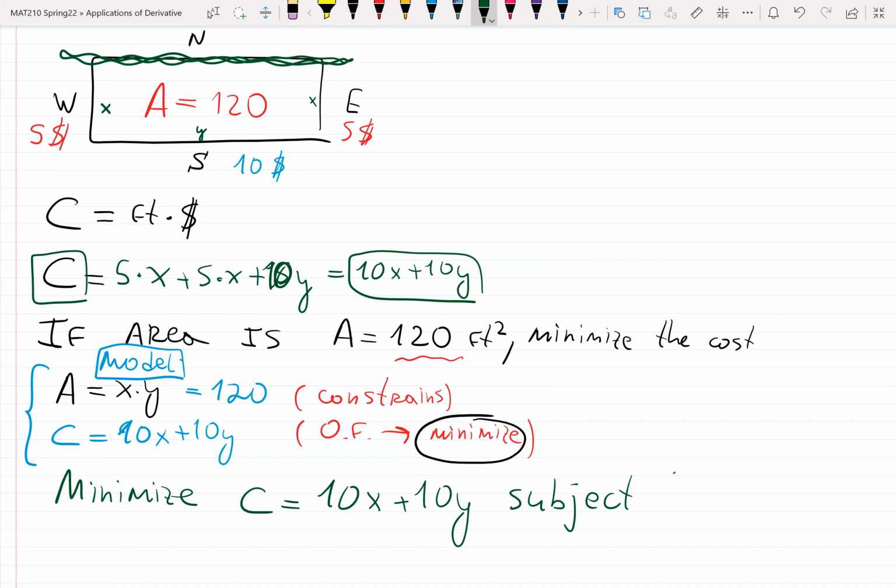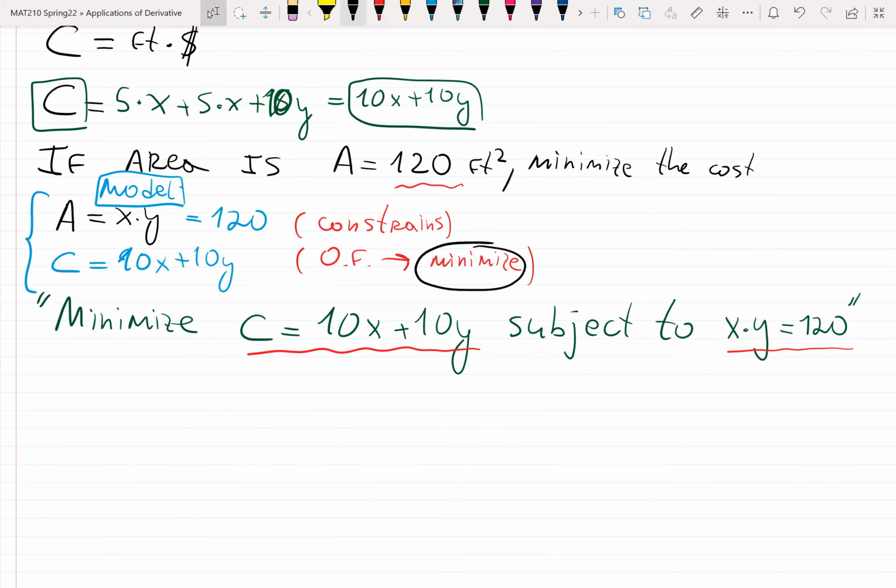Have you heard this phrase before? You should write in the chat. Subject to x times y equals 120. This is how you can rephrase this question, and you had it in your homework before. Minimize any kind of function subject to. Maximize any kind of function subject to. That means the function we want to differentiate versus the restrictions.